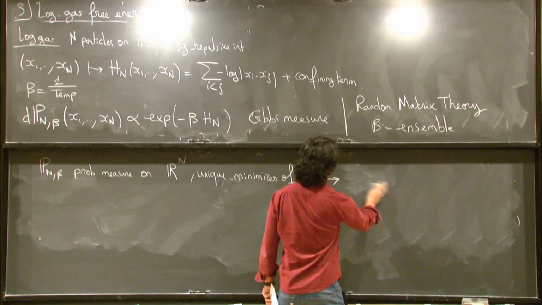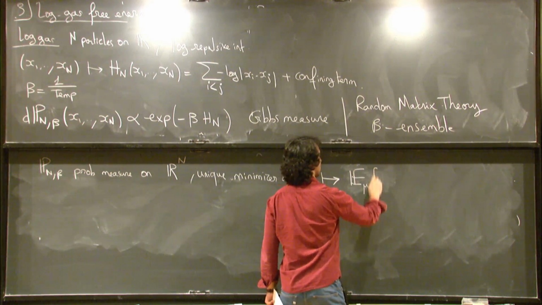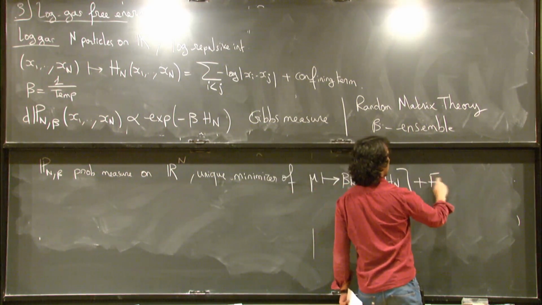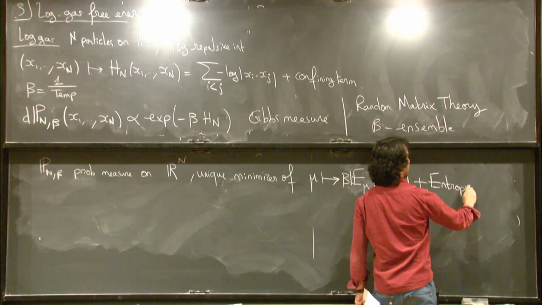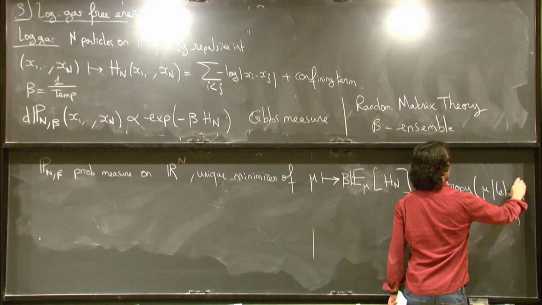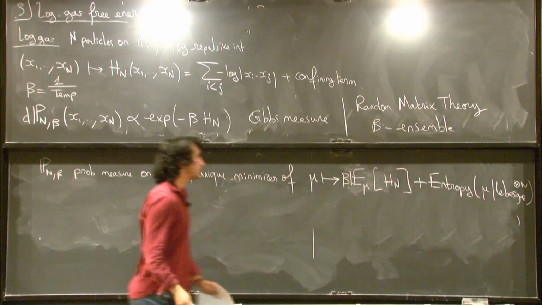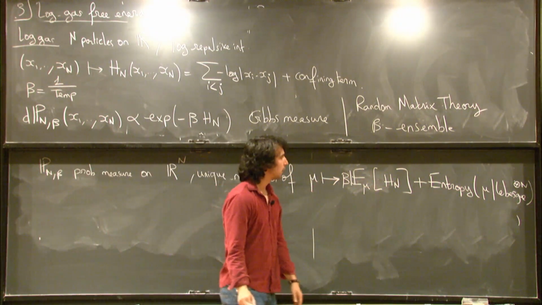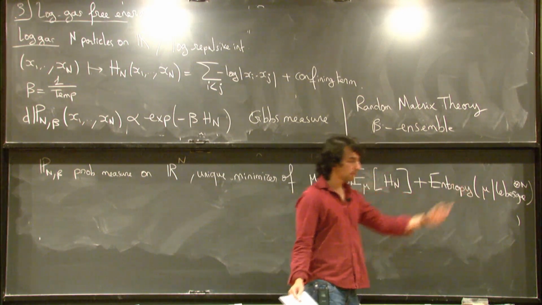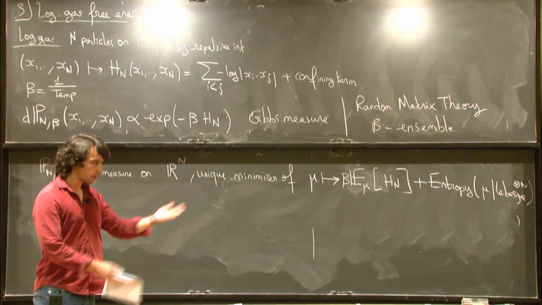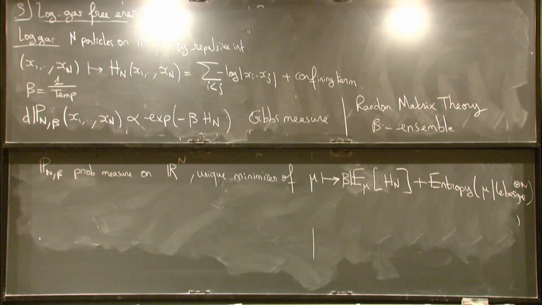Well, really I should write it this way. For any measure mu on R^n, you can compute the expectation of the energy with respect to mu. You can also compute the relative entropy of mu with respect to the Lebesgue measure on R^n. And you can solve this variational problem explicitly, and that's what you get. That's also a simple computation.